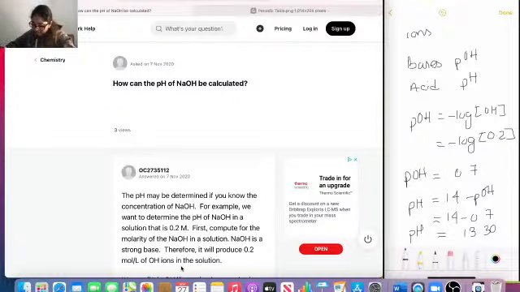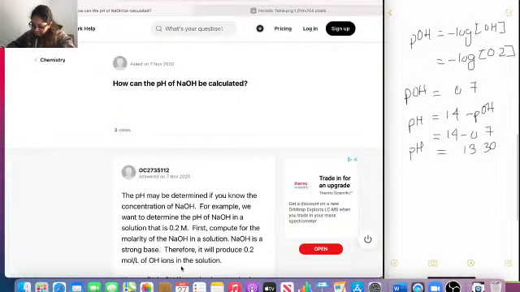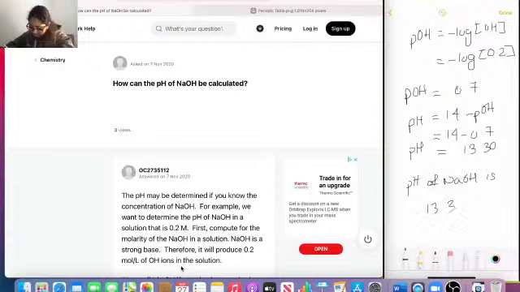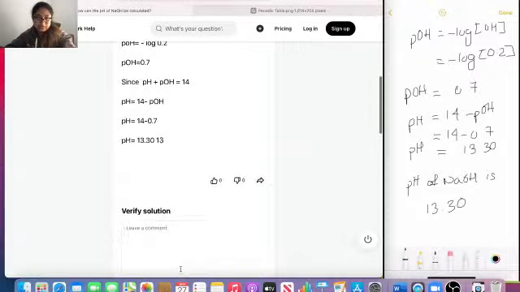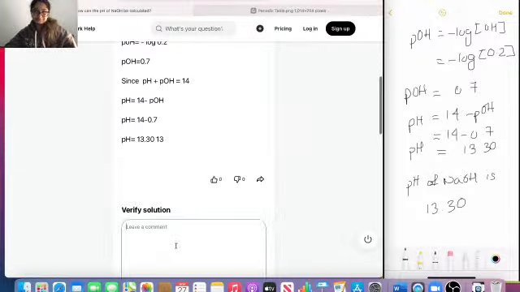So you can say the pH of NaOH is 13.30. And this is what they have got. So this is correct. Good job.